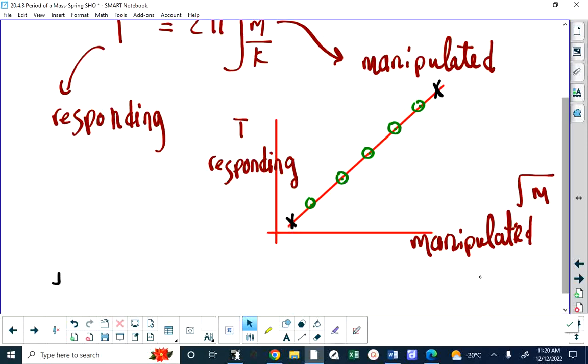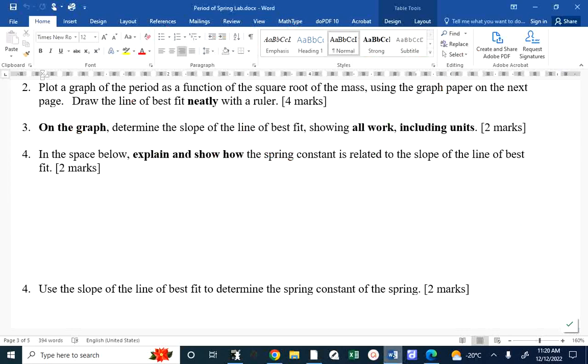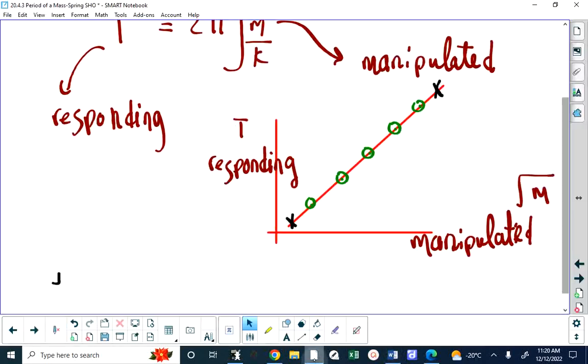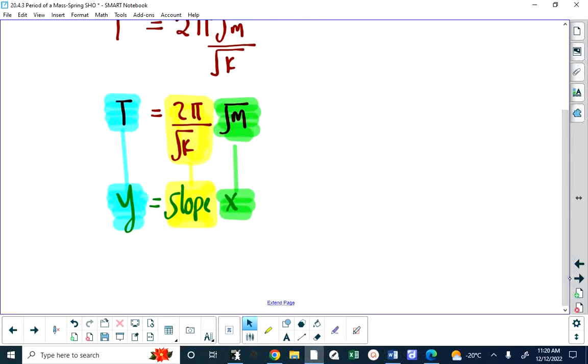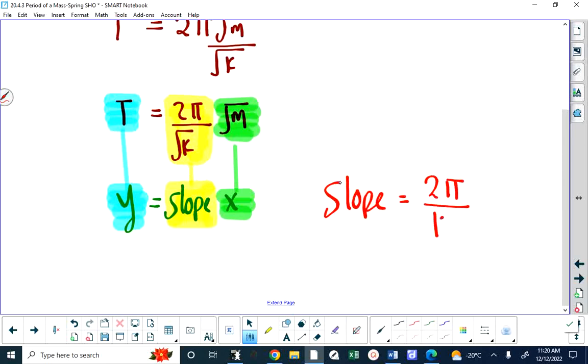Okay, then it says, once you've done that, use the slope to determine the spring constant. So, listen, your slope is equal to 2 pi over the square root of the spring constant.